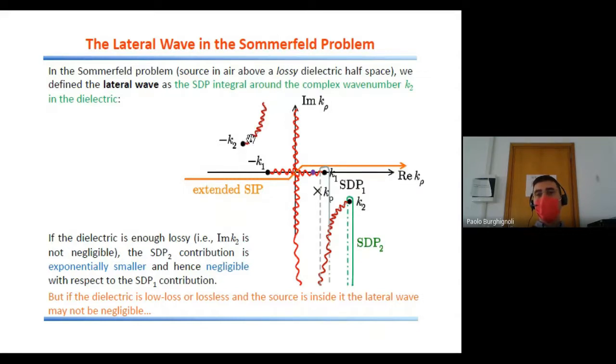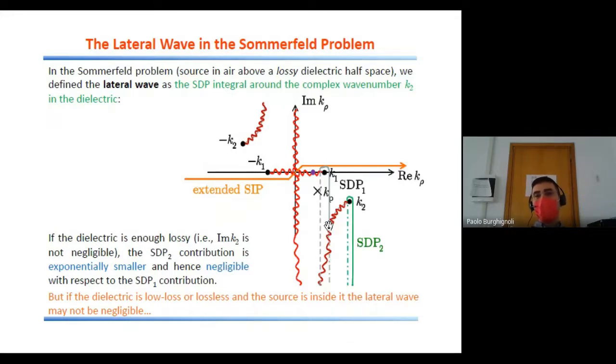You can see the shape of the hyperbolas in connection with K2 and minus K2. But those hyperbolas degenerate into segments or half lines that lie along the real or imaginary axis of the complex plane when the wave number of the medium becomes real, as in the case of K1. Furthermore, we have a pole singularity at the Sommerfeld pole. And here you can see the steepest descent paths that correspond to observation points at the interface.